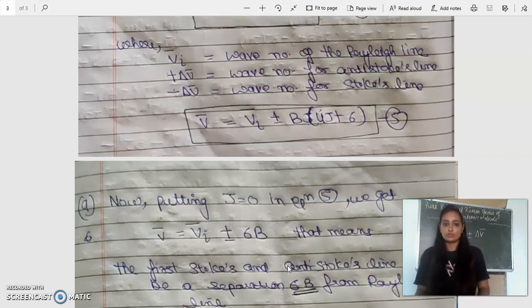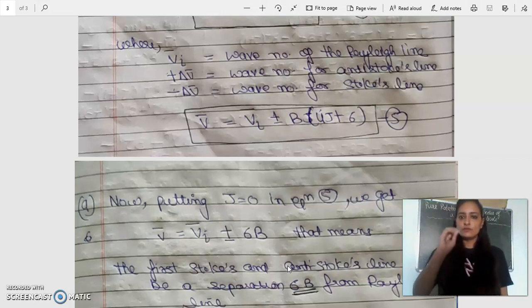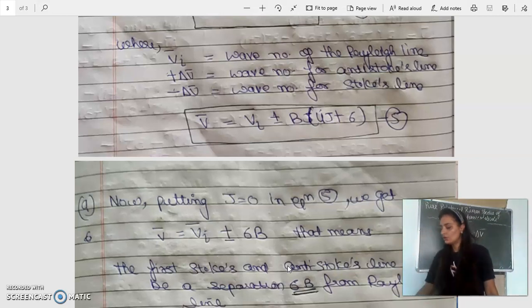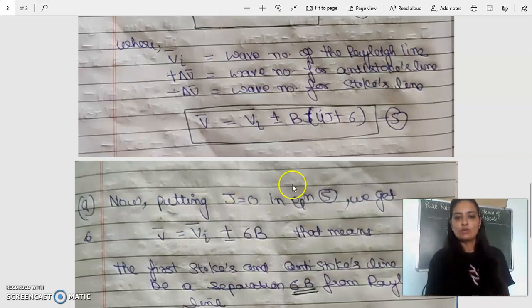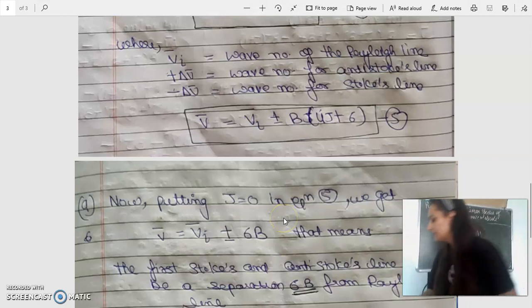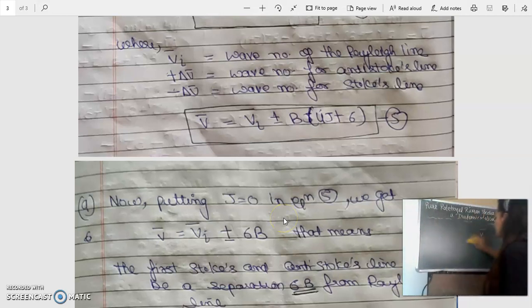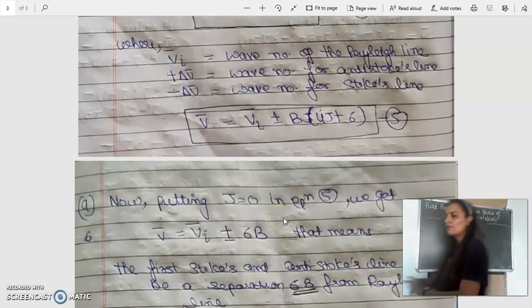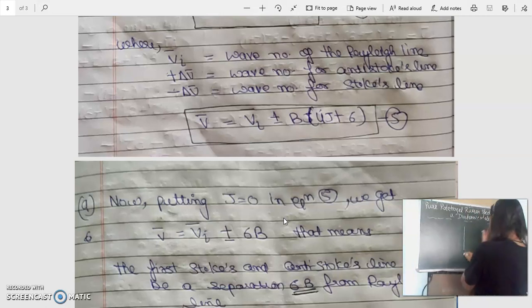Okay, rotational motion. So I'm going to put the value J, first of all, 0. When you put J equal to 0, that will give you this equation. You will be left with 4 into 0 is 0 plus 6, so you will get 6B. That means the very first line νi is for your Rayleigh line.